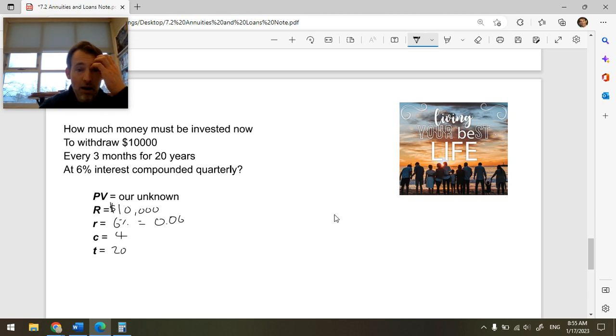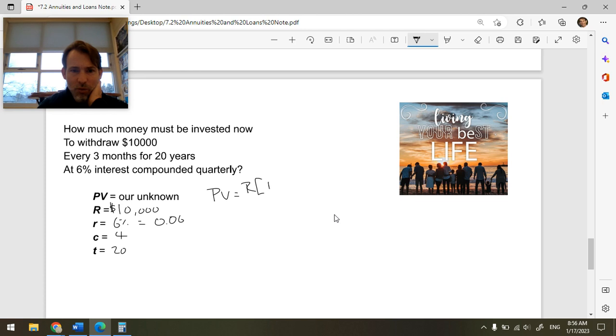Let's go ahead. Our present value, the amount that we need to invest presently, is given by the formula. So PV is equal to the regular withdrawal, or the regular payment on a loan, multiplied by, I think it's 1 minus, let's just try it.